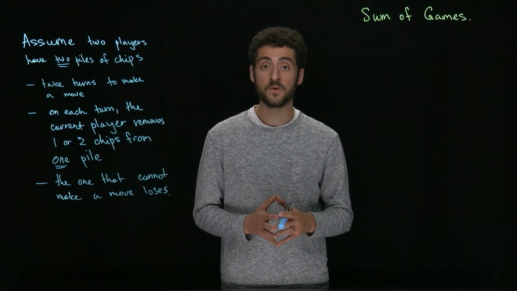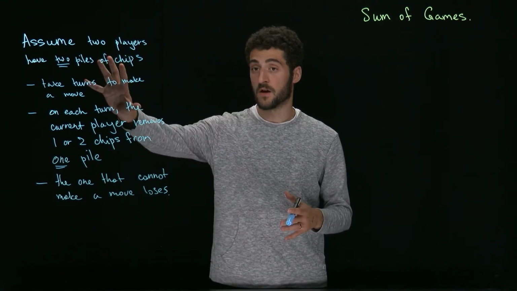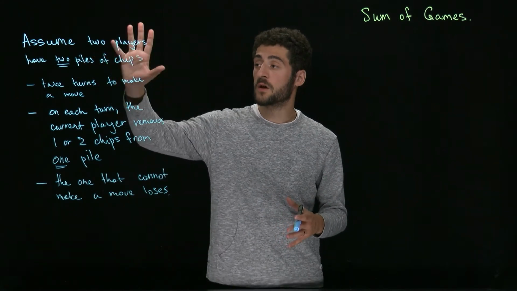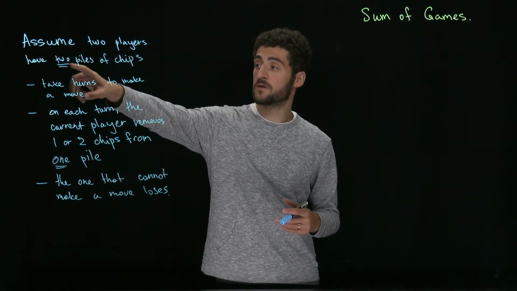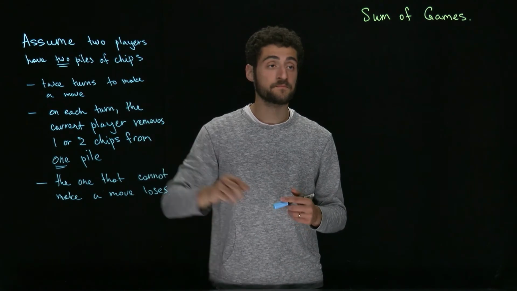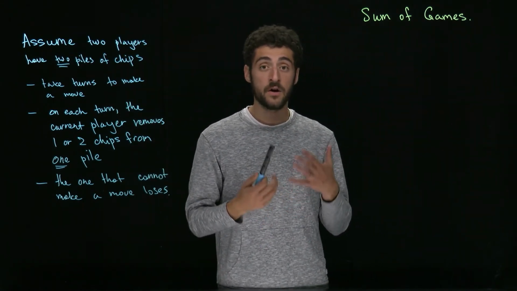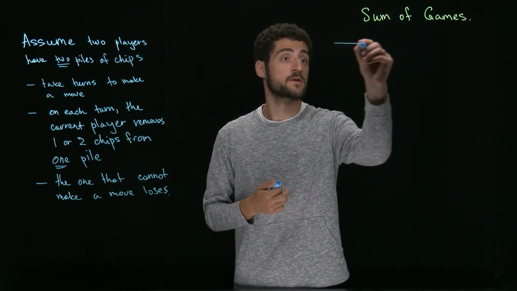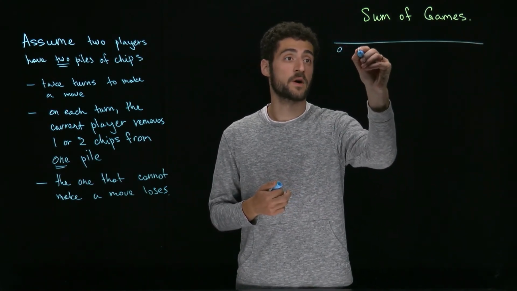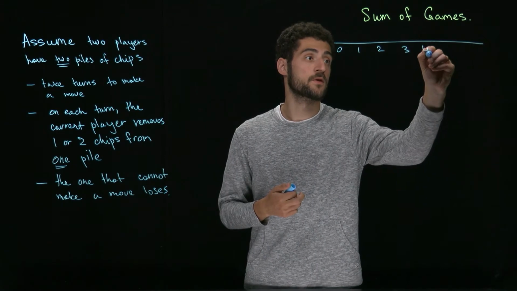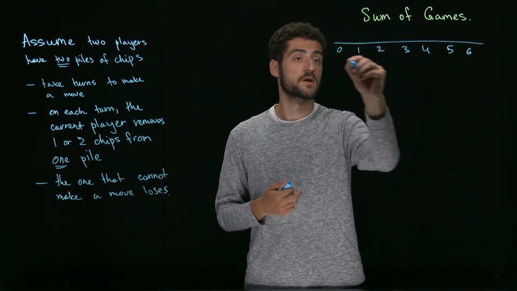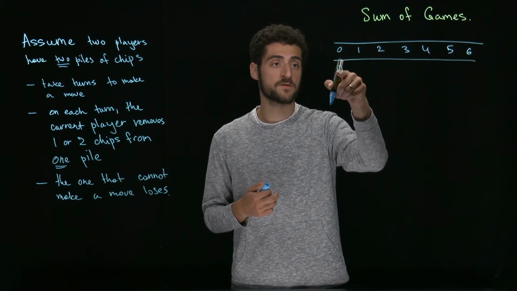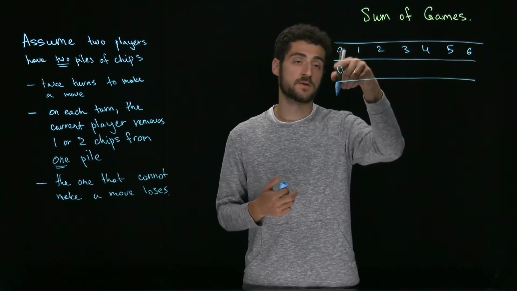Using the discussed theorem, we can finally study this game. In order to do this, we need to compute the Grundy function for this game when you have only one pile. So let's start with a table of values so that we could guess the pattern. You have either 0, 1, 2, 3, 4, 5, or 6 chips. And the Grundy function for 0 is 0, just because it's a terminal position.